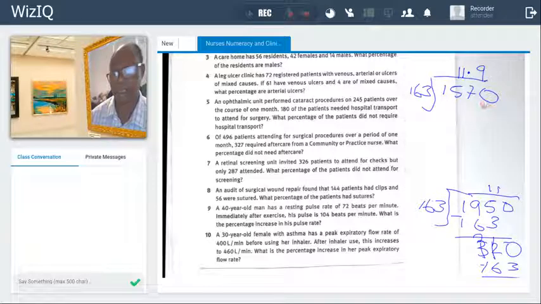9 times 3 is 27. 9 times 6 is 54. 54 plus 2 is 56. I'll write 6, I'll keep 5. 9 times 1 is 9. 9 plus 5 is going to be 14.